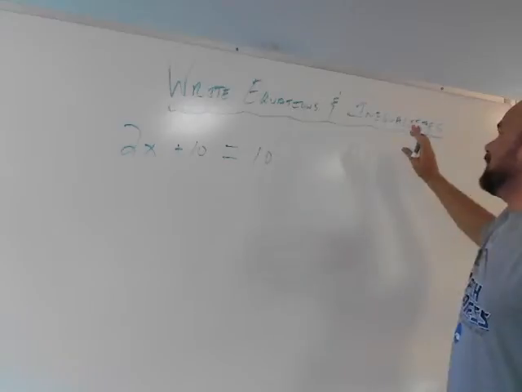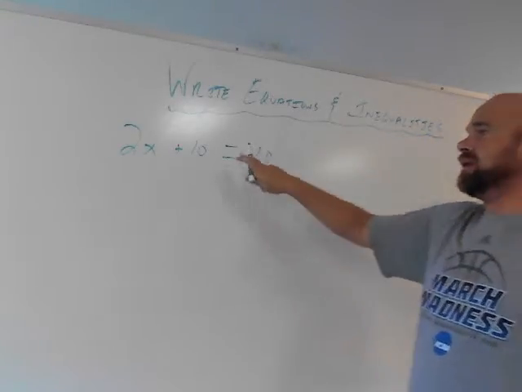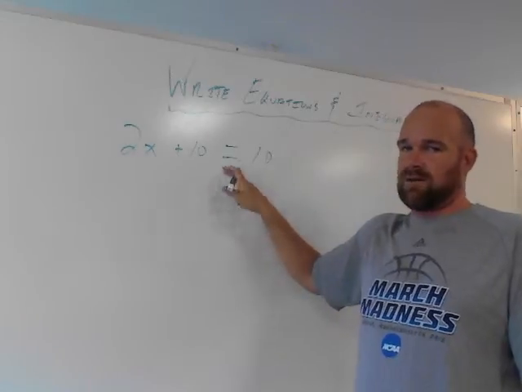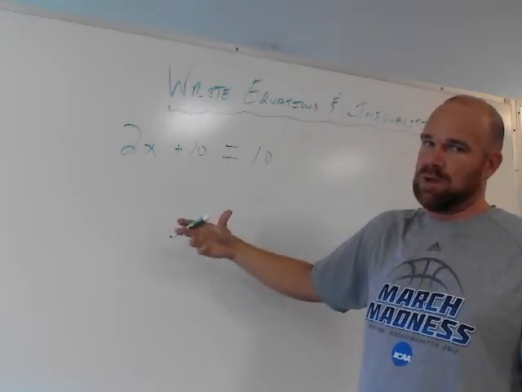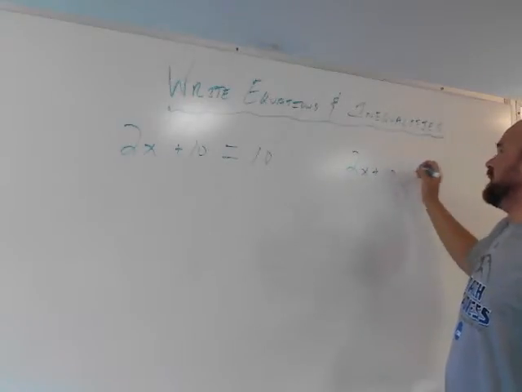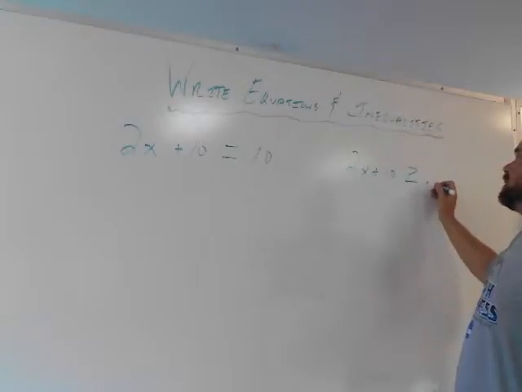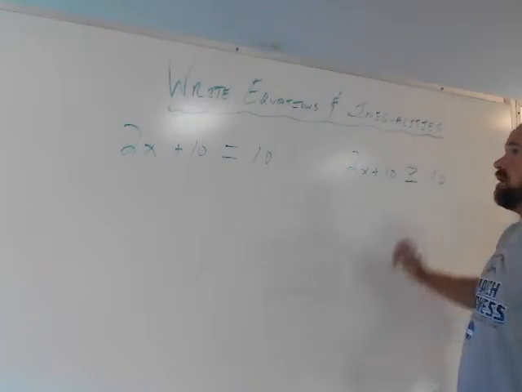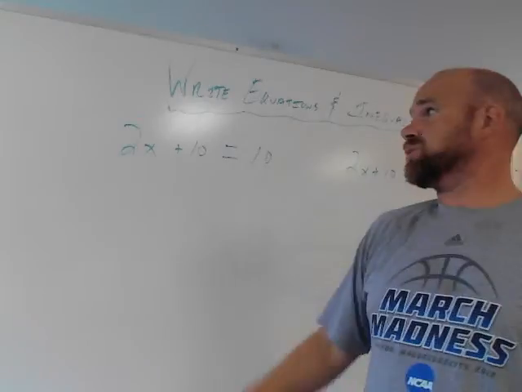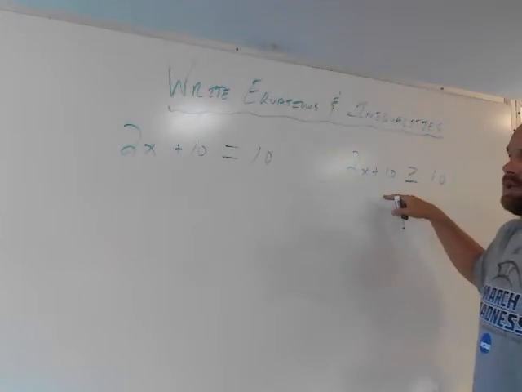An inequality would be similar, but instead of an equal to symbol, we would have a greater than, less than, or equal to symbol. So we could do the same thing: 2x + 10, let's say, is greater than or equal to 10. This would be my equation. This would be my inequality.